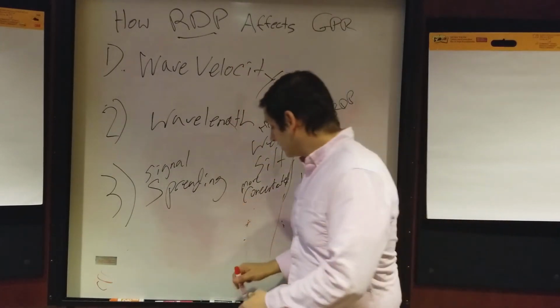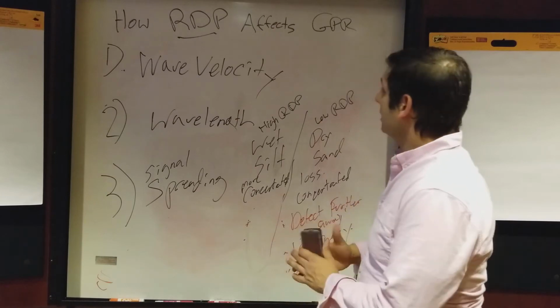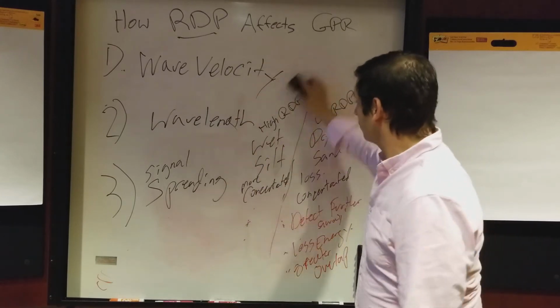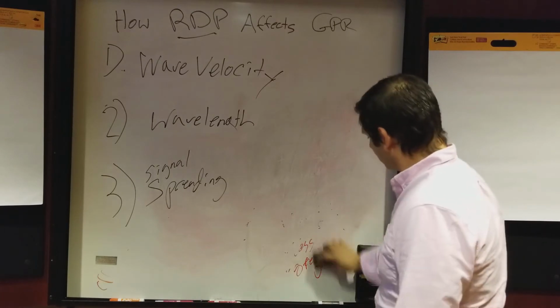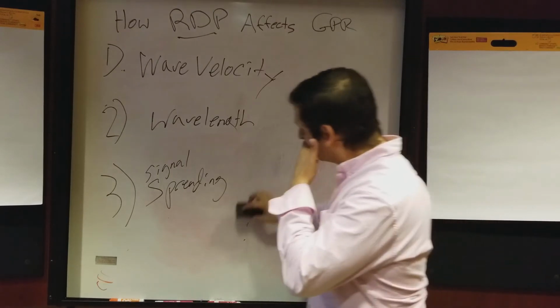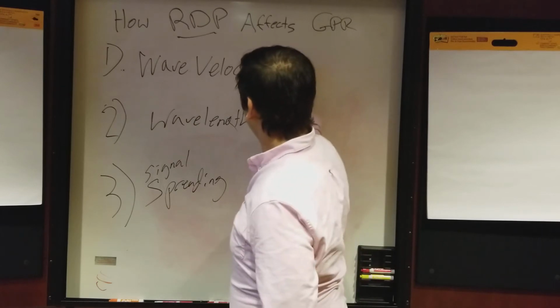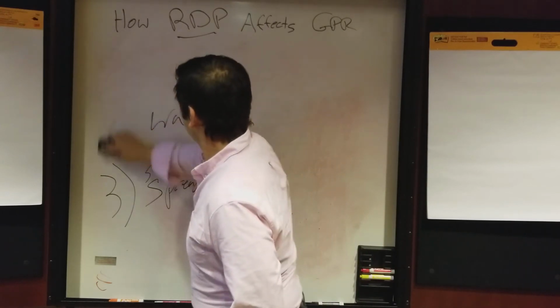So those are 3 things that RDP affects: wave velocity, wavelength, and signal spreading. Let me go ahead and give a little summary over here.